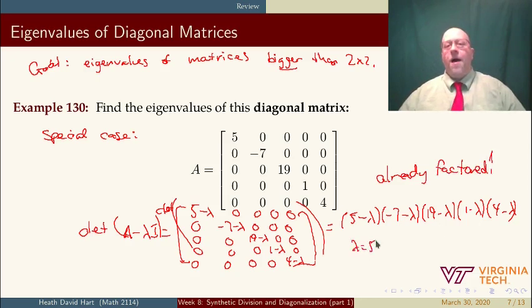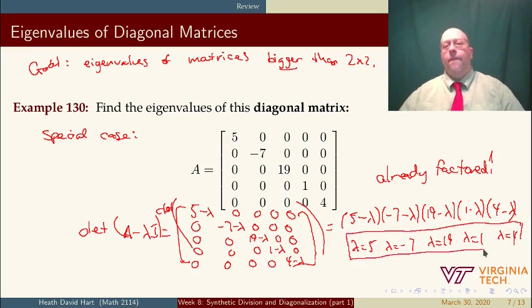Lambda is equal to 5, lambda is equal to negative 7, lambda is equal to 19, lambda is equal to 1, lambda is equal to 4. So in this special case, our diagonal led to a determinant that was already factored out for us, and it made it easy to find the eigenvalues. In fact, the eigenvalues are the entries that are on the diagonal.